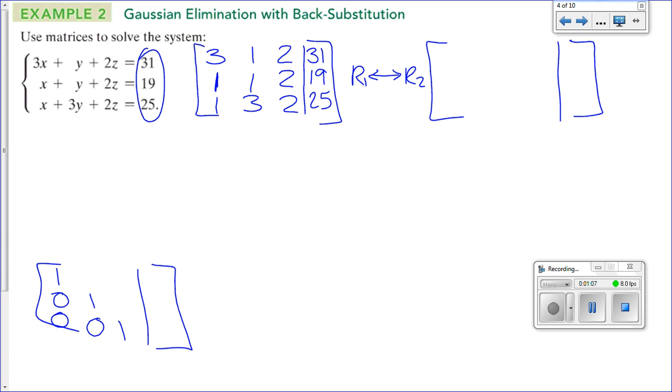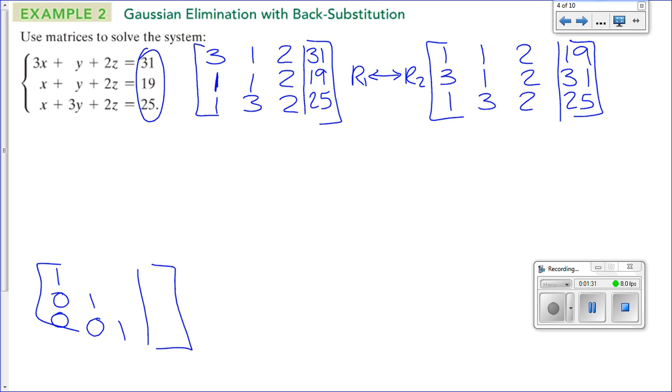Since we're just interchanging them, the second row will become the first row. And the second row will be what used to be the first row, including the number after the line, including the constant terms. From here, we will have 1, 3, 2, and 25.